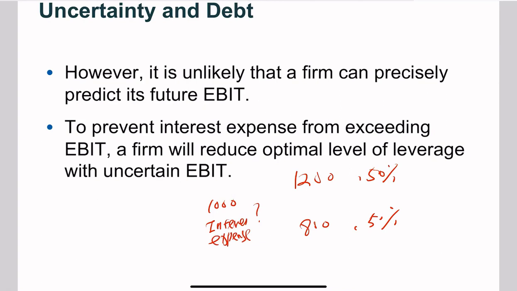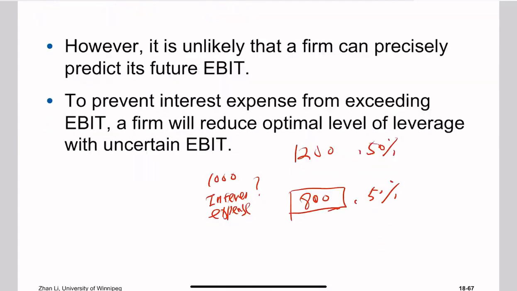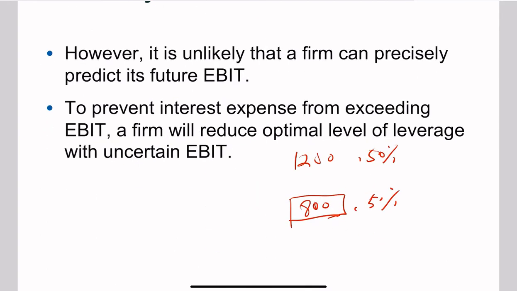Because if you're having a bad year, if your EBIT is only $800, then you will have excess leverage, right? So you will suffer from this excess leverage. So basically this uncertainty will prevent you from using this high level of $1,000 interest expense. Maybe if you're conservative, due to this uncertainty, you will just use $800 of interest expense.